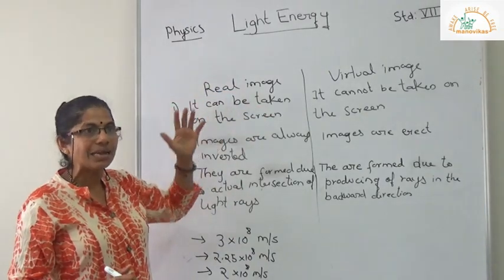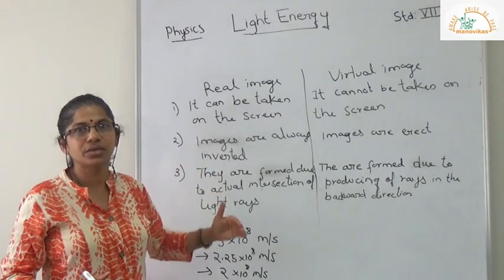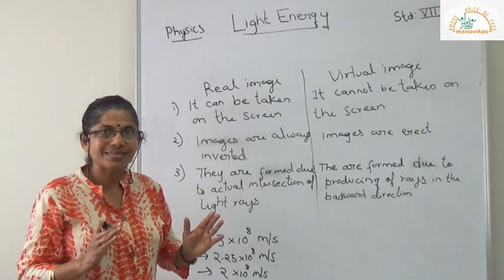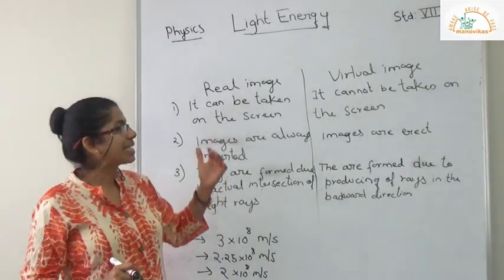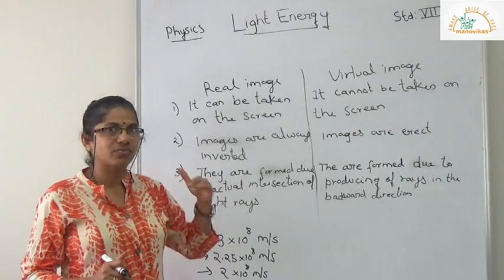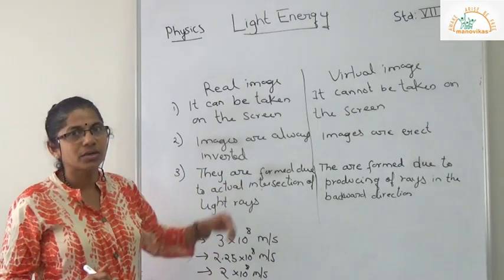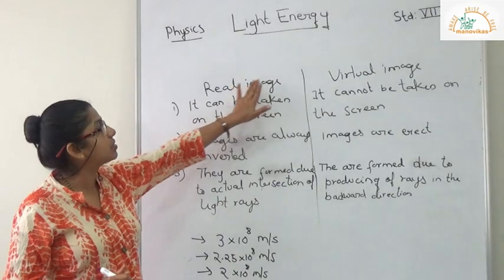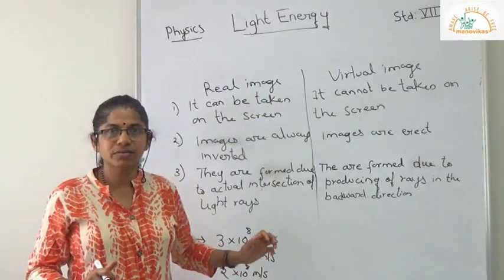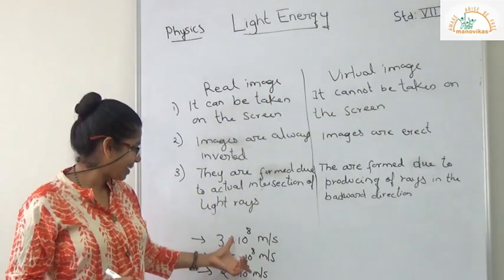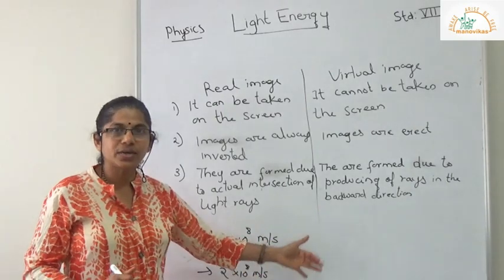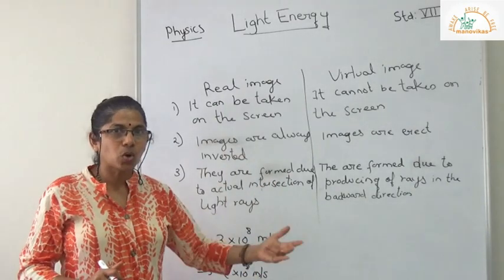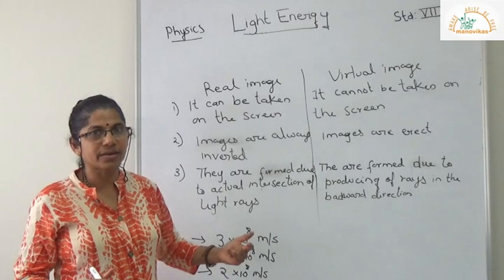You will have learned about image formed through a plane mirror, 2 cases. Then you will have learned about the characteristics of image formed in a plane mirror. Then difference between real and virtual images. Then towards the end I told you all about speed of light in air, in water and in glass.